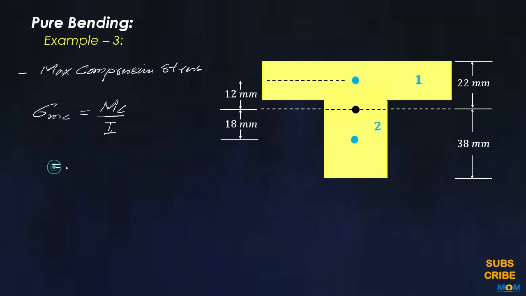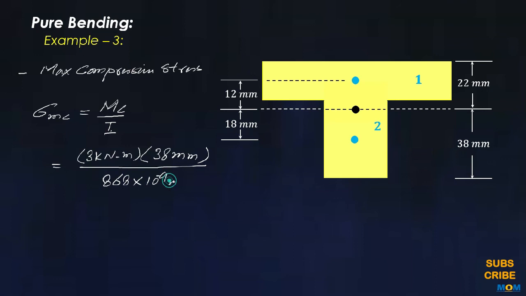So M, that is given, bending moment 3 kilonewton meter, multiplied with maximum distance, that is 38 millimeter, and the moment of inertia, that is 868 into 10 raised power minus 9 meter 4.